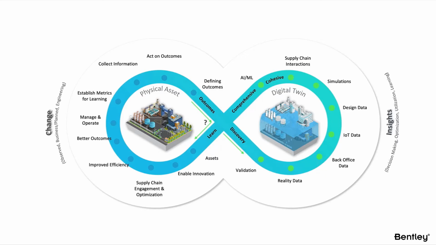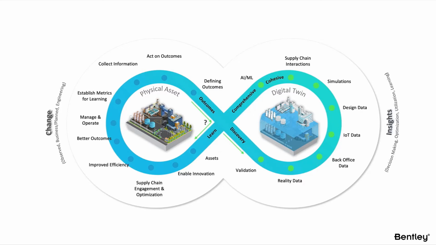Now, as you apply the digital twin technologies to all of this information, you have defined outcomes that you've established for the physical asset, and you're able to use digital twins to run simulations, interact with your supply chain, use sensor information to make decisions, apply them to the physical asset, observe the outcomes on the asset, and take the learning back to the digital twin.